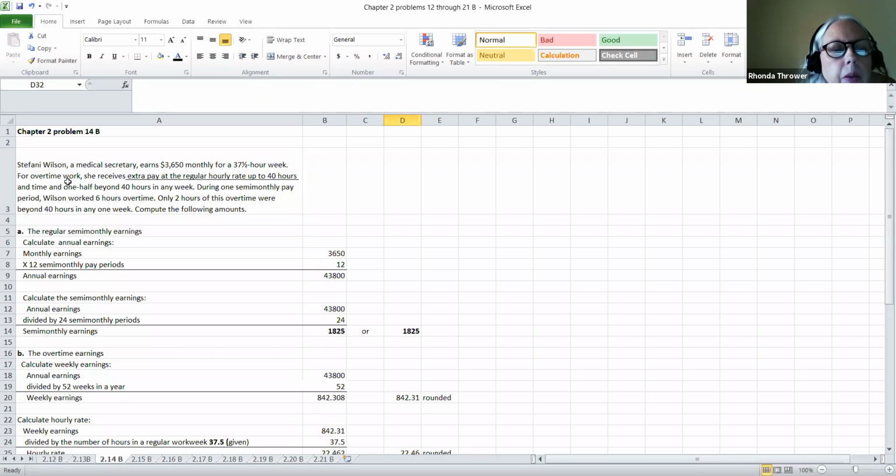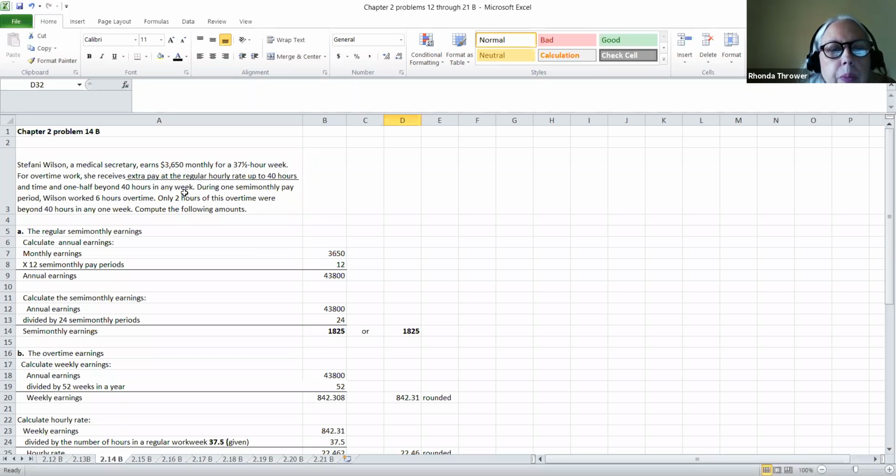For overtime, she is going to receive extra pay at the regular hourly rate up to 40 hours worked. Then she would receive time and a half beyond 40 hours in any work week.